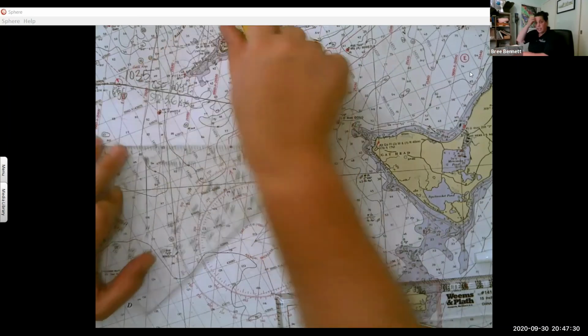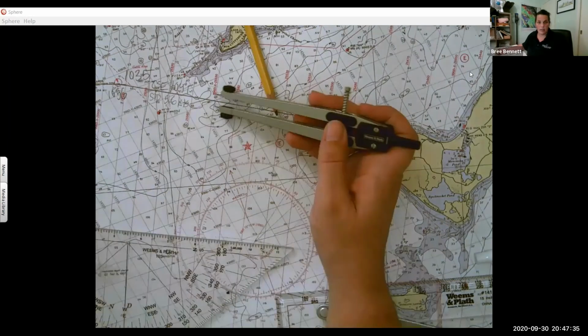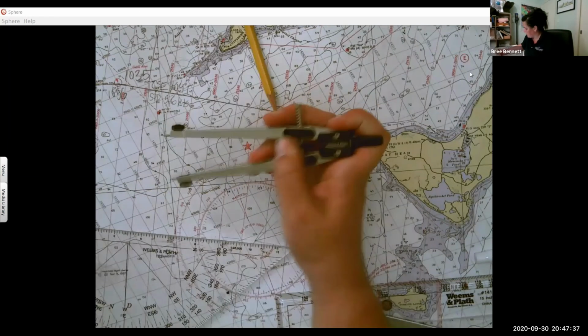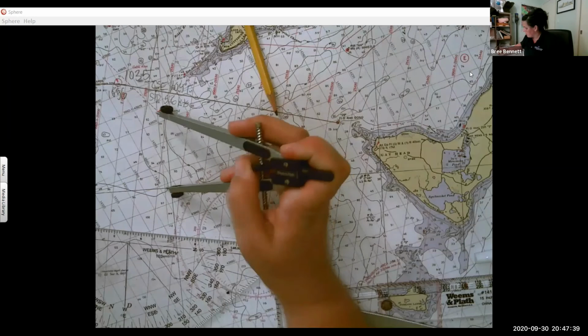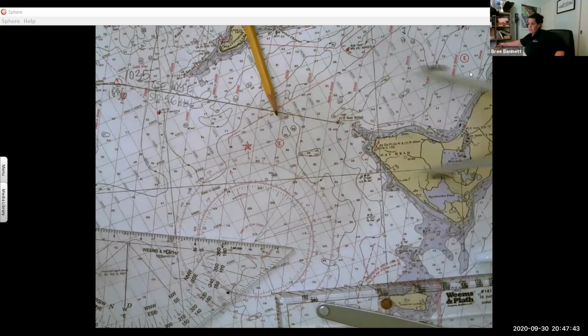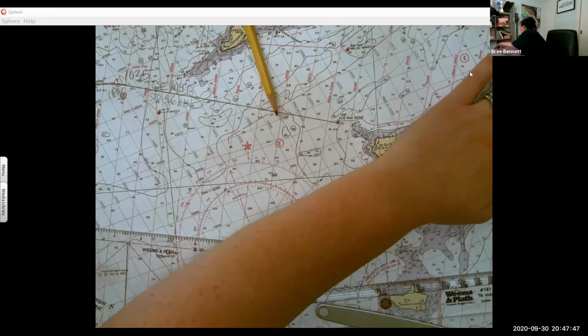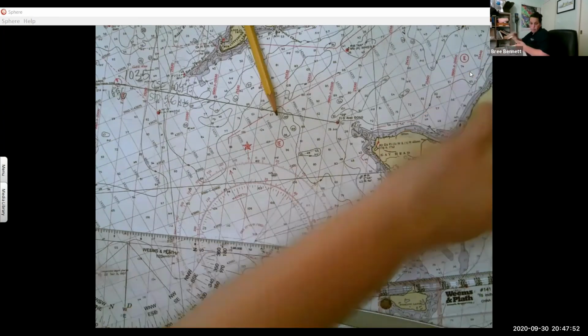There's my latitude line. And now I can use my dividers to measure. I'll bring that all the way to the side. What do you guys get? 23.4.